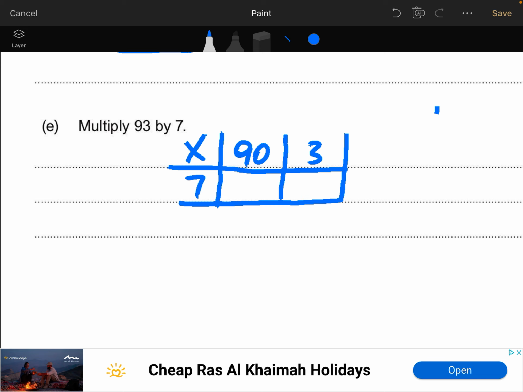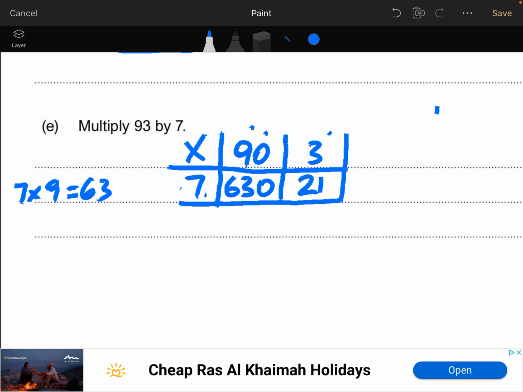So I want to do 7 times 90. Well, I can't do 7 by 90 easily, but I can do 7 by 9. That's 63. So I'm going to write 63 in there, but this extra 0 needs to go on the end. I've got one extra 0 in the question, so I'll put the 0 on the end. 7 times 3 is easy, that's 21.